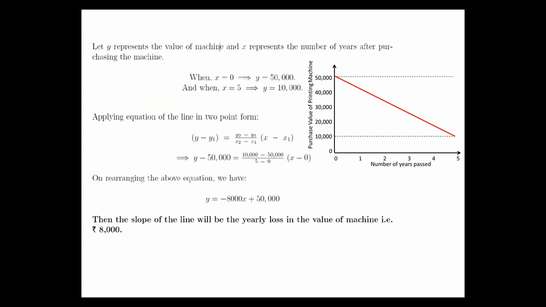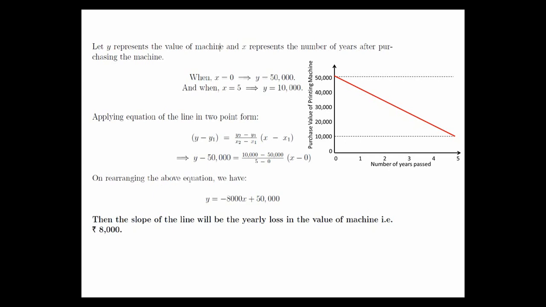This is the same diagram which we have seen in the previous slide, where y represents the value of the machine and x represents the number of years after purchasing the machine. When x equals 0, y equals 50,000. When x equals 5, y equals 10,000.